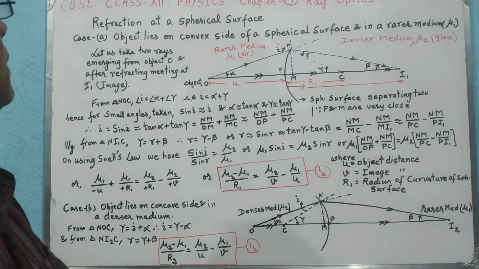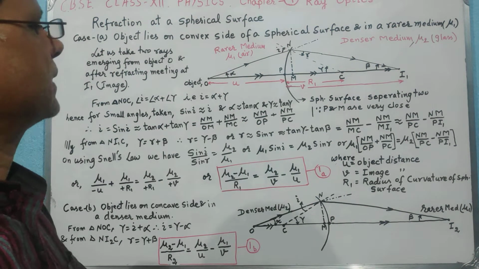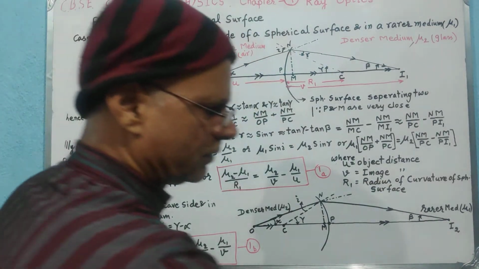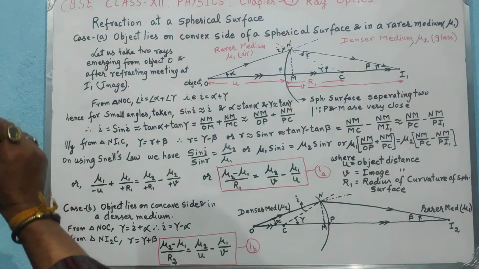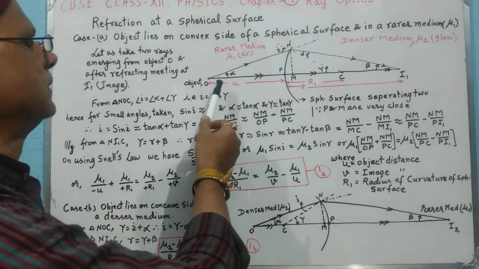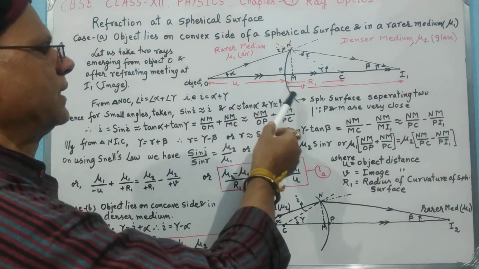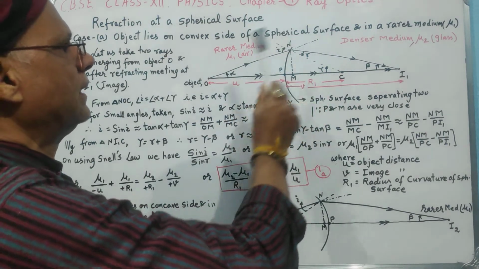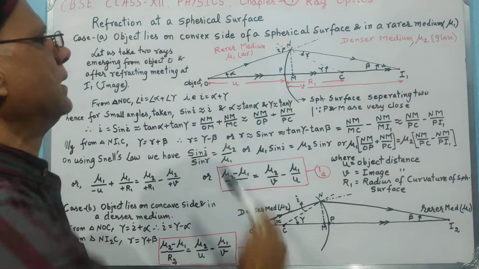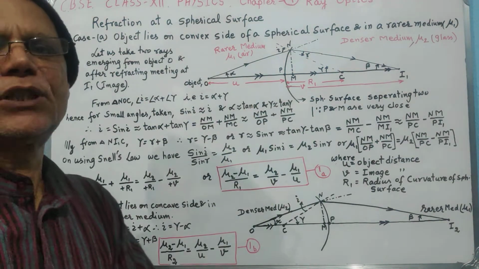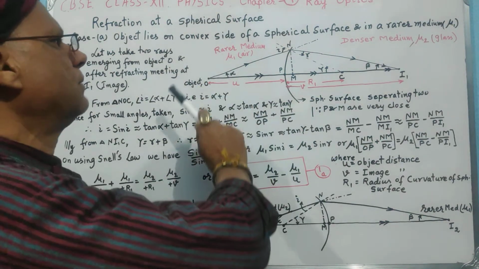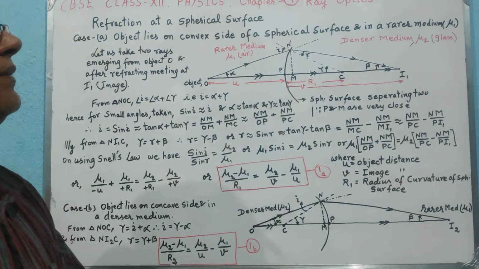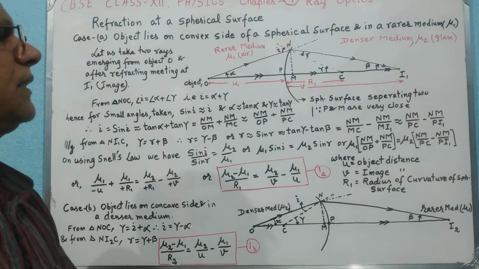Now we talk about the refraction formula for any spherical surface. We have assumed that the object lies in a rarer medium in front of a convex spherical surface which separates the two media, rarer medium and denser medium. Mu1 is taken as the absolute refractive index of the rarer medium, and mu2 as the absolute refractive index of the denser medium.